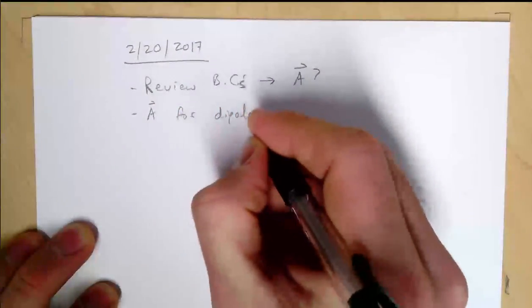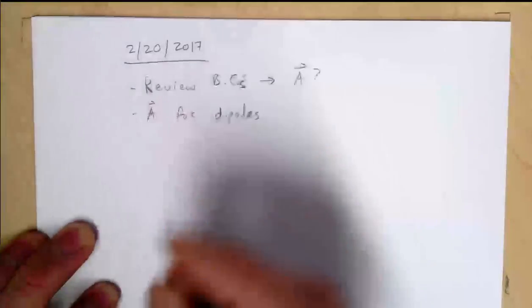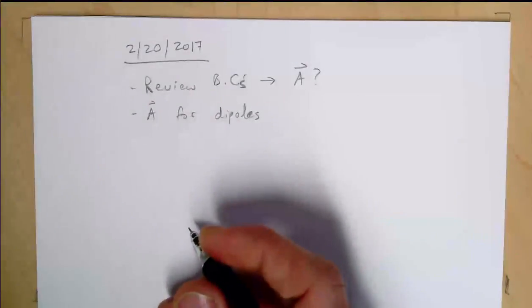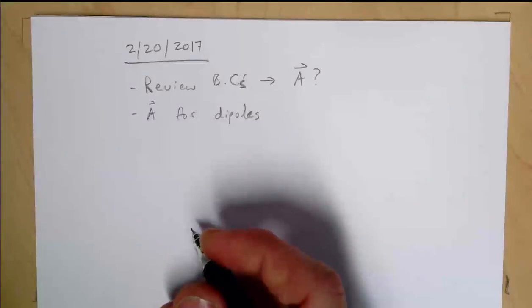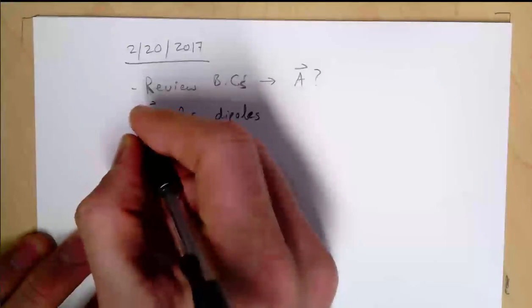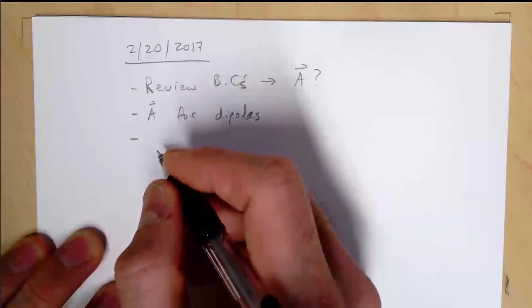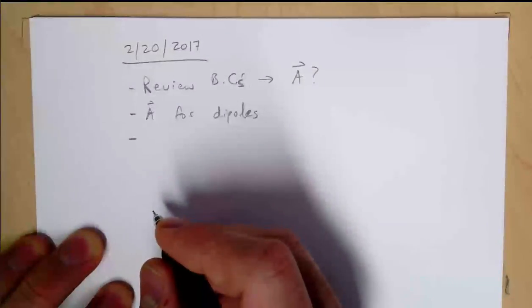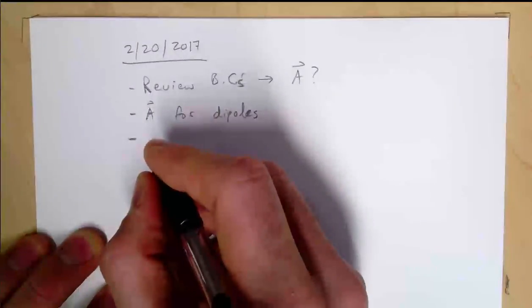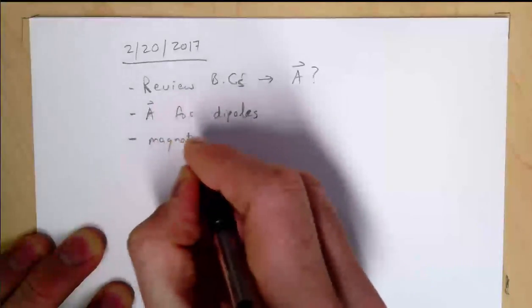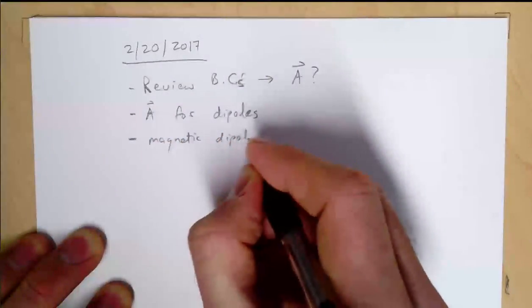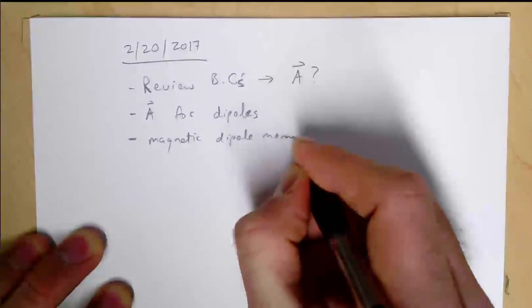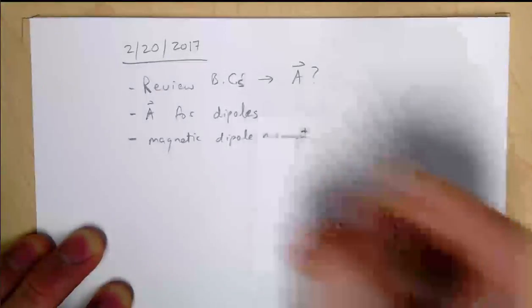I'm going to go through a little bit of derivation, and I'm going to make sure that we come back and really get the point about what this is all about. And then lastly, I'm going to make some parallels between the magnetic dipoles and the electric dipoles that you've seen before in electrostatics. So I'll just call this the magnetic dipole moment.